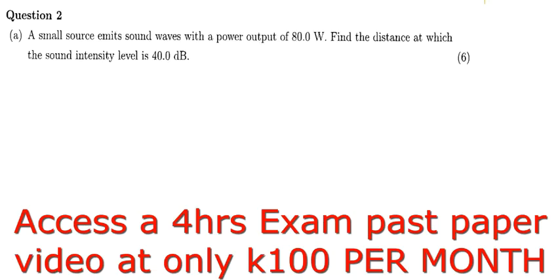So that is the 2022 paper, question 2a. The question says, a small source emits a sound wave with a power output of 80 watts. Find the distance at which the sound intensity level is 40 decibels. 6 marks. Again, when you're solving these questions, it's very important for you.